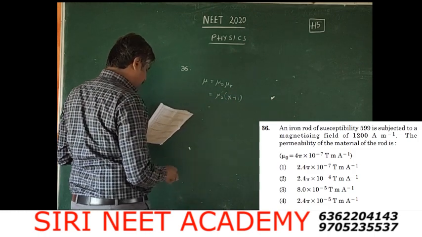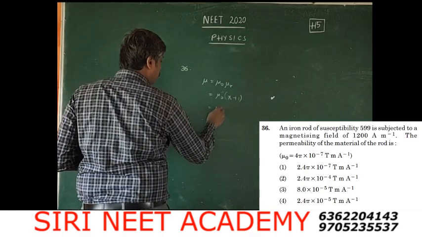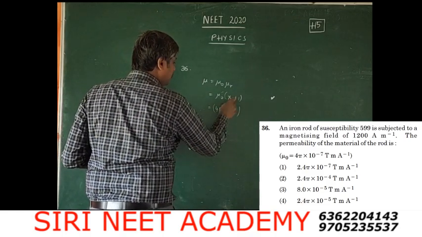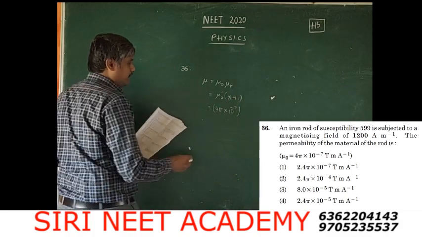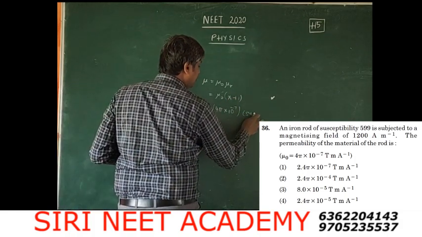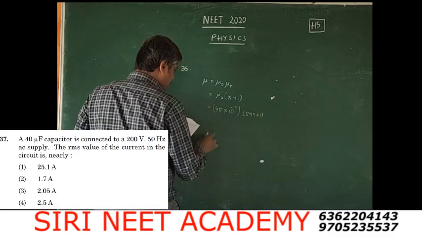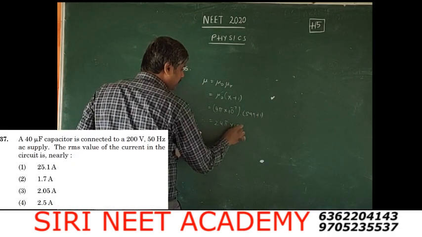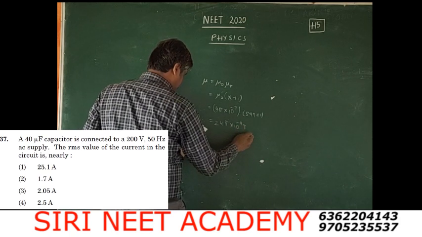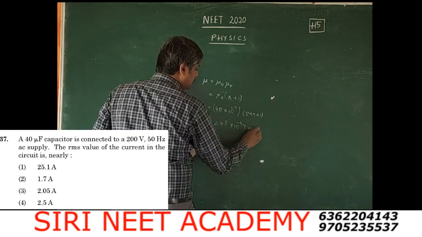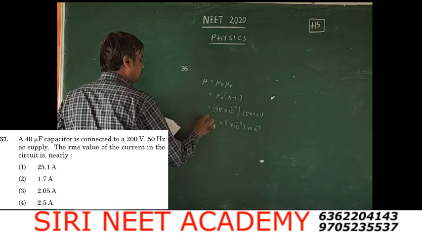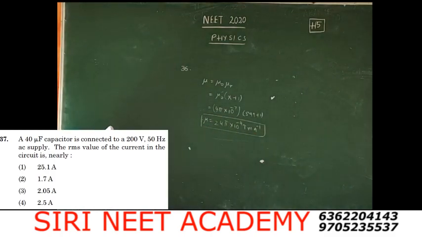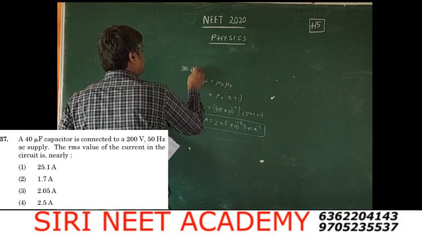The value of mu naught is 4 pi × 10^-7, whereas the susceptibility is going to be 599, plus 1. Solving this, it turns out to be 2.45 × 10^-4 Tesla meter, and the option corresponding to this answer is the second one.